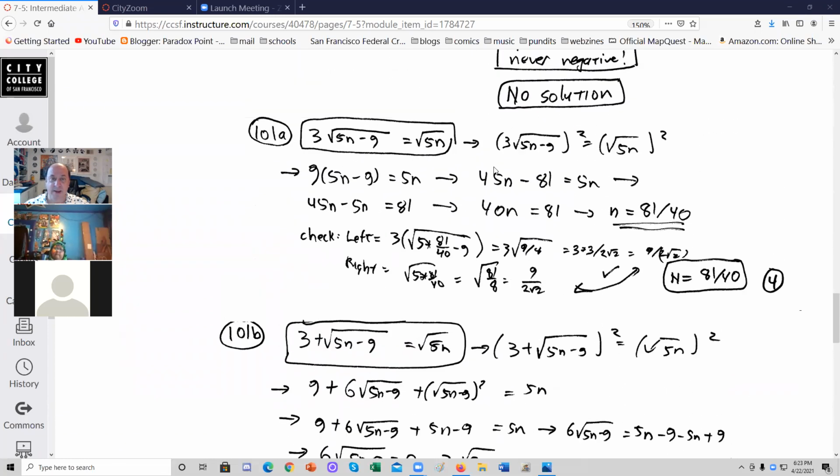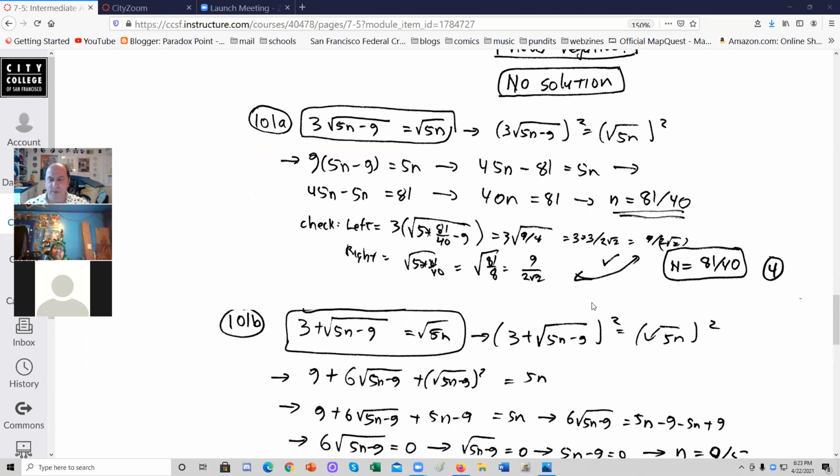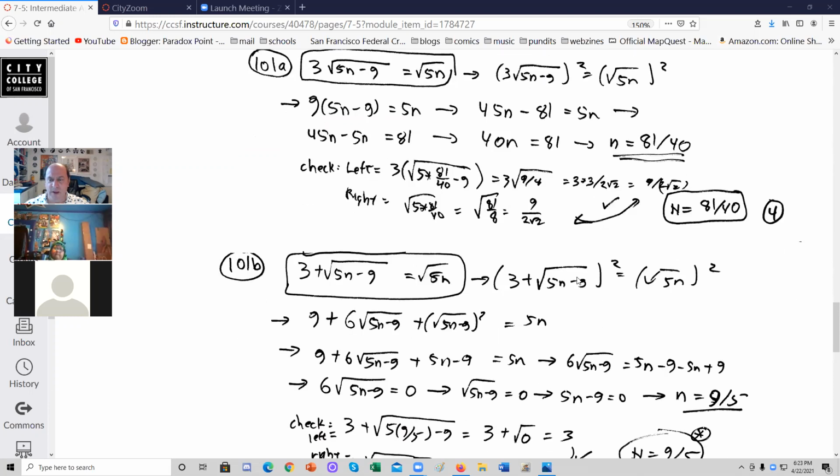Now here's a slightly different one. Instead of 3 times root 5n minus 9, it's 3 plus root 5n minus 9 equals root 5n. You can see these are two what they call lookalike problems. Well, again, we'll square both sides, but we'll get a cross term on the left. Square of 3 plus root 5n minus 9 equals square of root 5n.